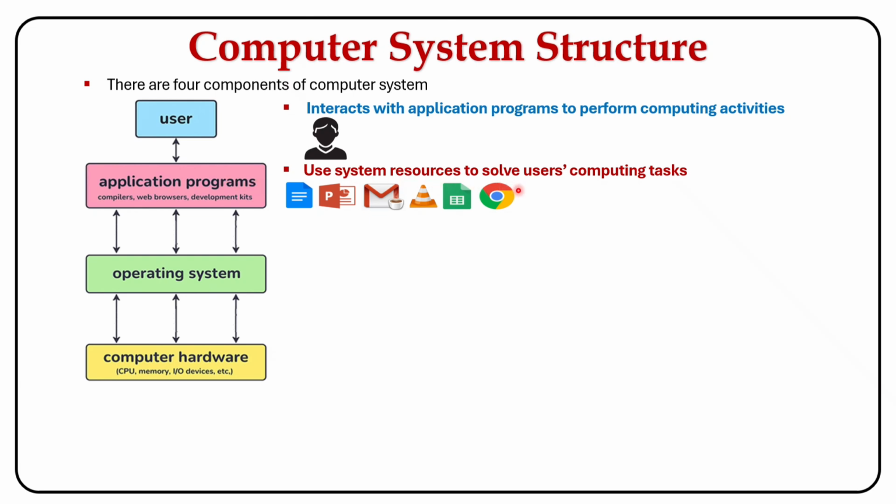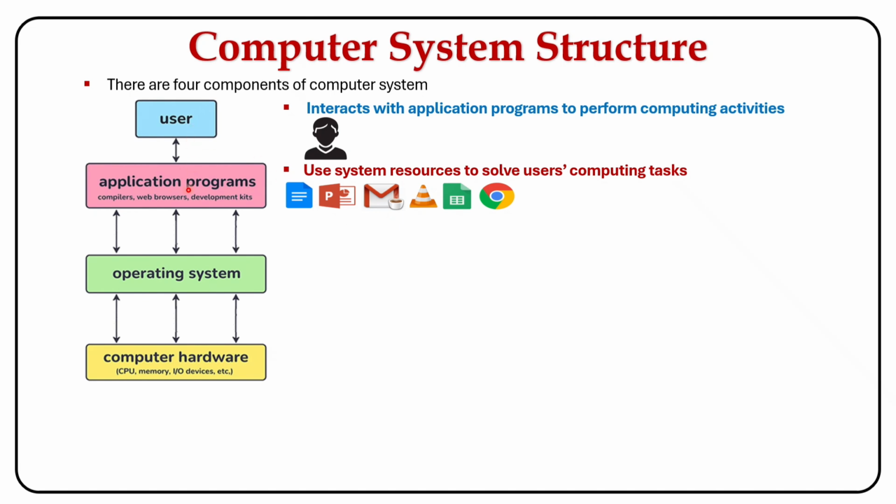Some common examples include Microsoft Word for document editing, PowerPoint for presentations, Gmail for sending mail communication, VLC player for playing videos, Microsoft Excel for spreadsheet actions, Google Chrome for web browsing. So these applications use system resources provided by the operating system to complete the user task.